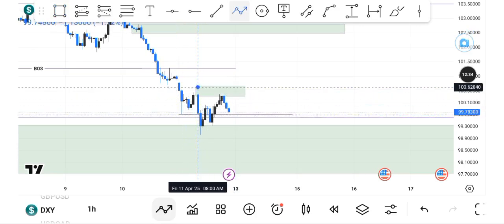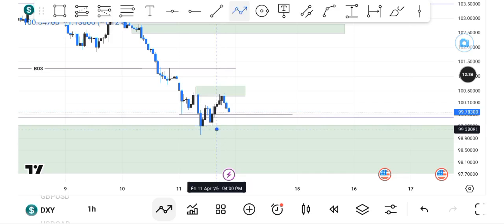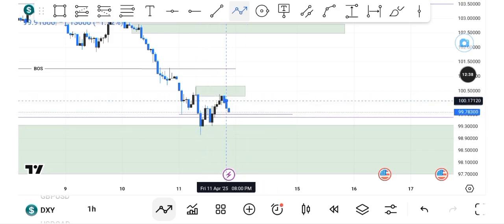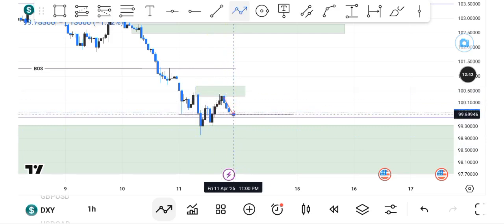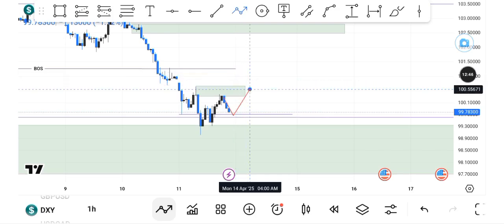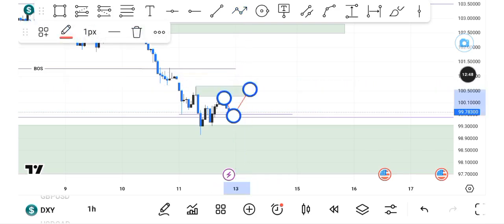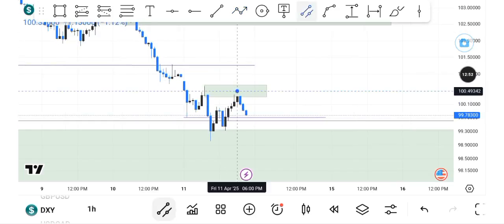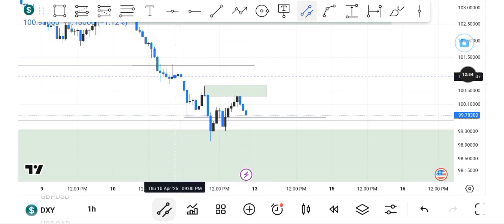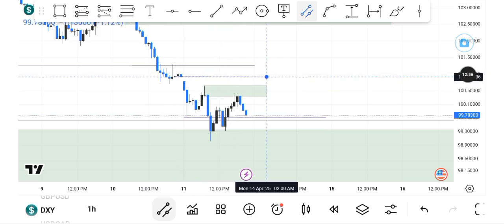But still reacting on the supply zone, that candle which I've marked. If the sellers are still in control, they will take out this lower low and continue pushing down. But if the buyer is still in, we shall expect a shift to the upside to break the high.